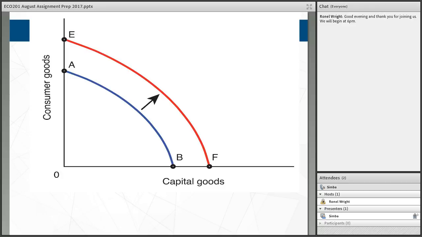So if the PPC shifts from PPC AB to PPC EF, that is already economic growth because our total goods and services in the economy are increasing, which is basically what economic growth is all about. Right. So it is very important for you to understand the PPC. We'll come back to it when we look at the assignment.